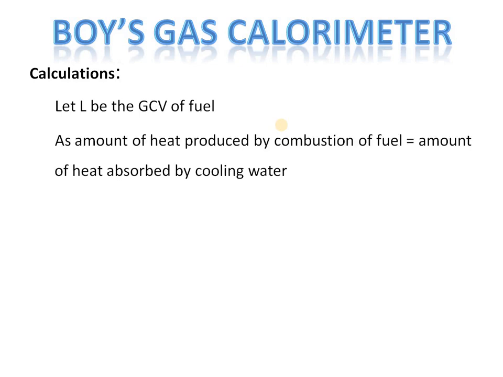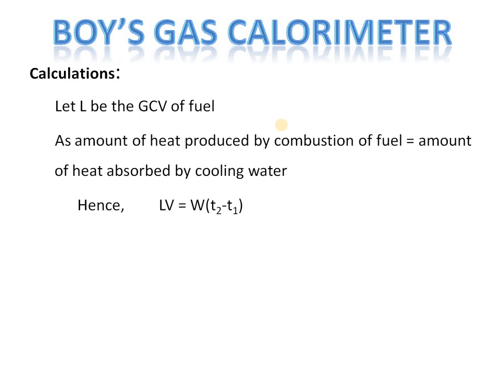As we know, the amount of heat produced by combustion of the fuel is equal to the amount of heat absorbed by the cooling water. The heat produced by combustion of the fuel is equal to L into V. So L into V will be equal to capital W into (T2 minus T1).